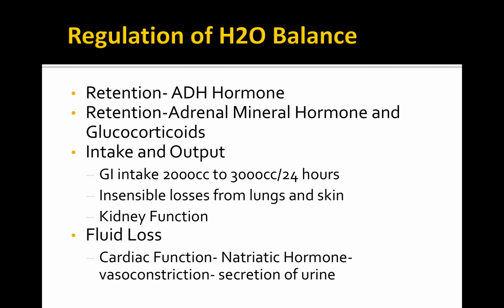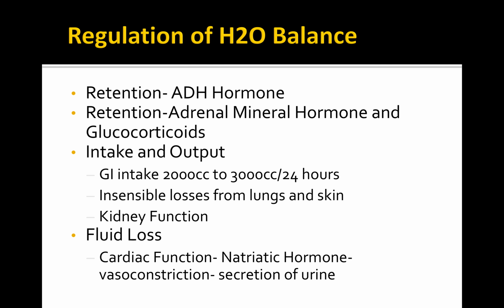Intake and output. And nurses, we are very much responsible for what the patients take in and what they put out. We're measuring urine, we're measuring all kinds of different outputs of tubes and things. And then intake, what are they taking in? How much water are they drinking? GI intake, it can be 2,000 to 3,000 cc's in 24 hours, depending on how much you're drinking.